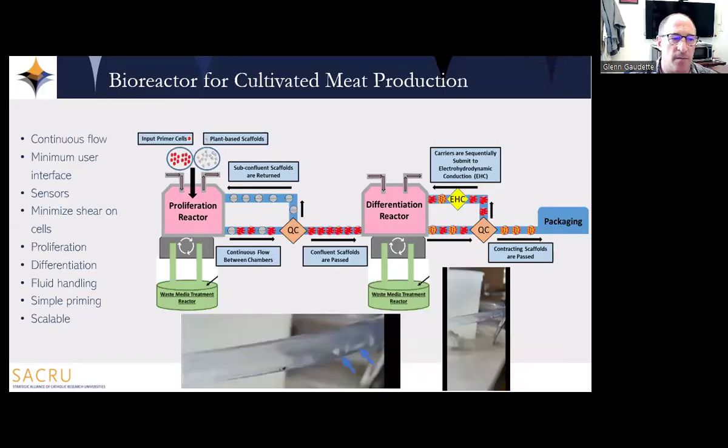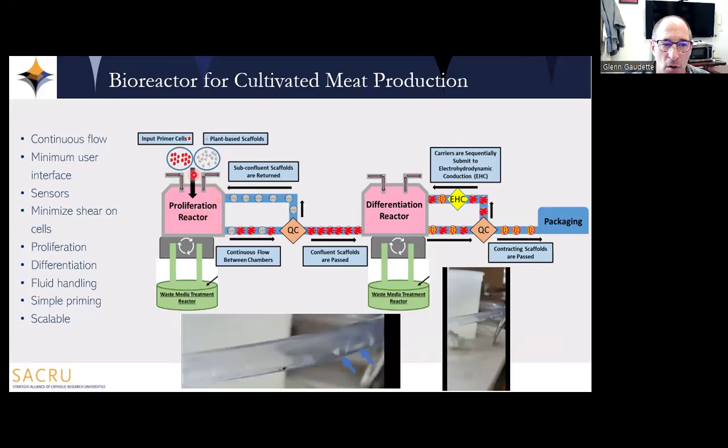Another thing we can think about when we think about bioreactors is a continuous flow system. When we talk about the media here, do we want the bioreactor and the media inside there to continuously flow? What happens as we produce meat? Do we want that to continuously come off?